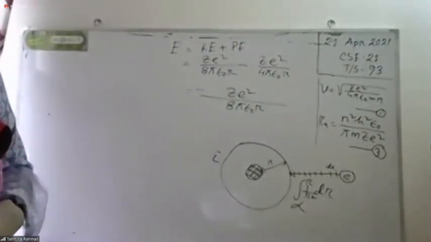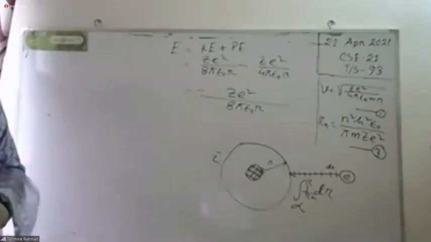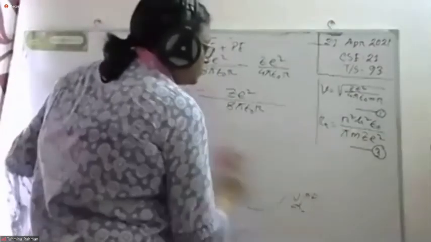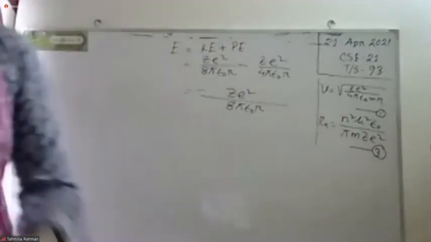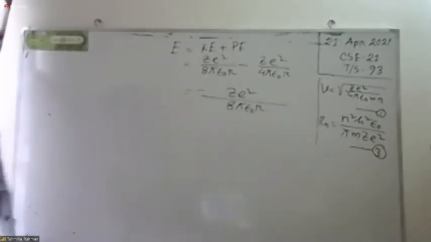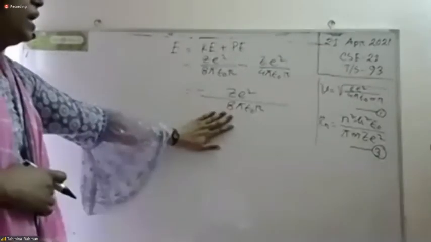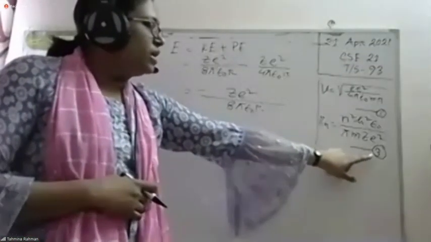Equation number 4, equation number... So we found the total energy equal to Z e square by 8 pi epsilon naught r. Now my equation number 3, it's not 4, it is 3.